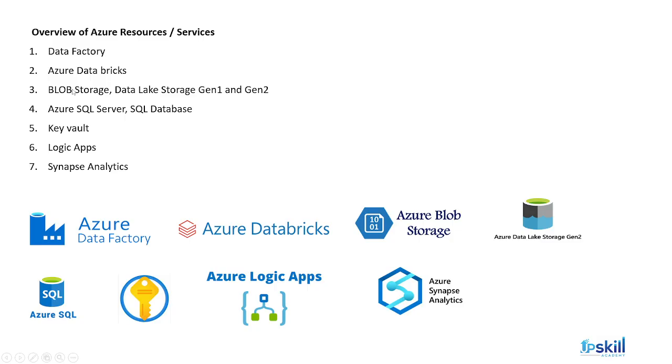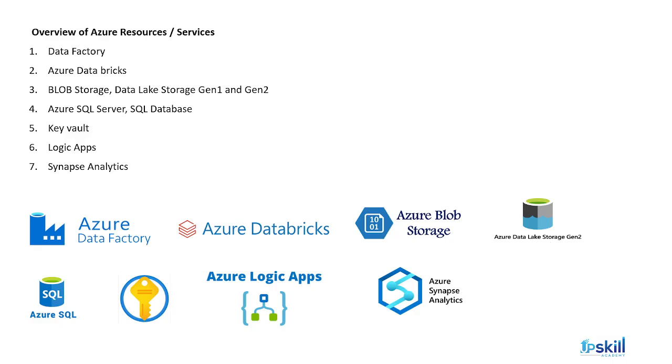The third service is Blob Storage as well as Gen 2 and Gen 1 accounts. Blob Storage is basically a storage service which is used for storing a massive amount of unstructured data such as text or binary data. And then Azure Data Lake Storage Gen 2.